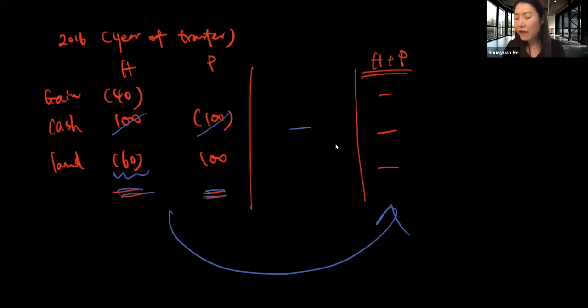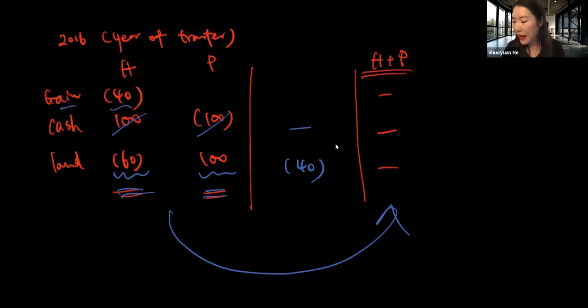Land was originally valued at 60, and because of this intra-entity transfer, now it is valued at 100. So if you look at two firms as one firm, the land is overvalued by 40. So what we need to do is to write land down by 40,000. And then the gain.